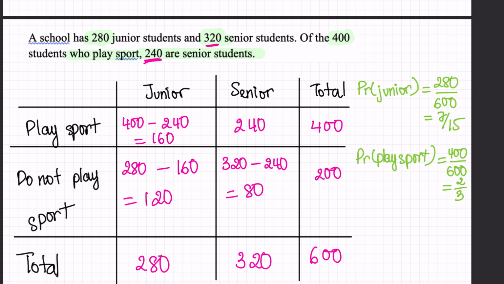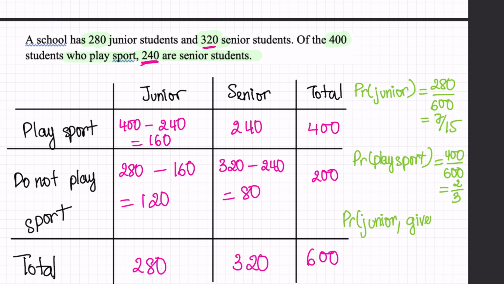Now, this is the difference for junior students. The probability of a junior student given that they play sport. Remember, given playing sport.